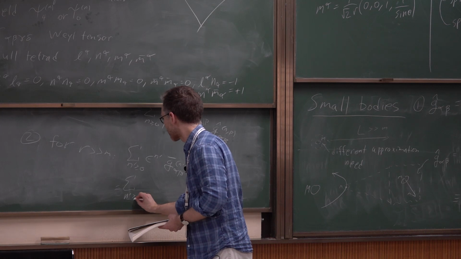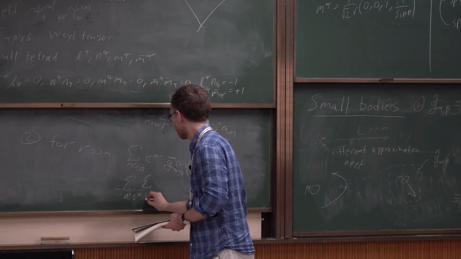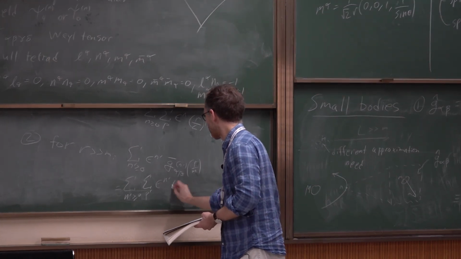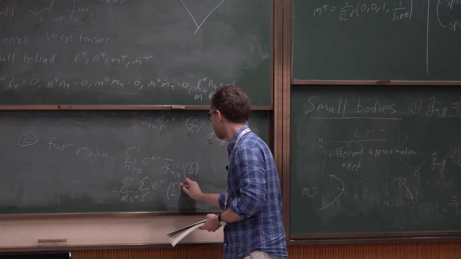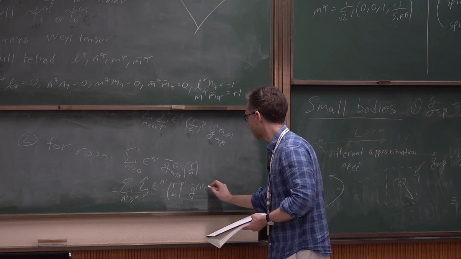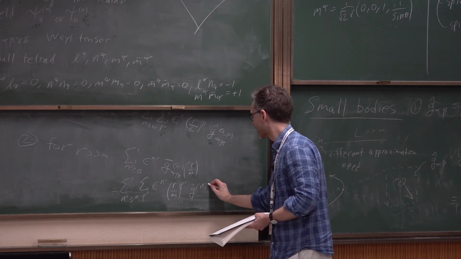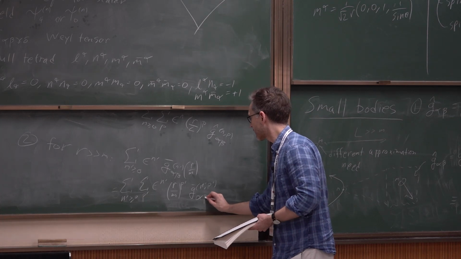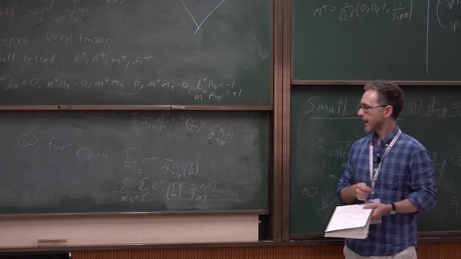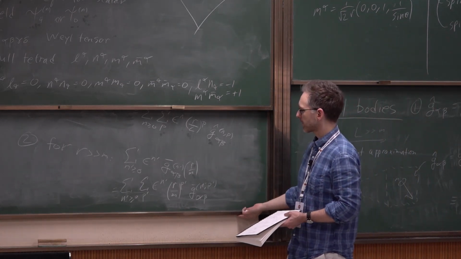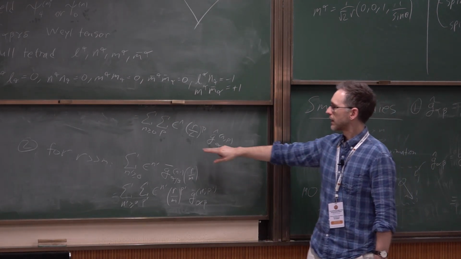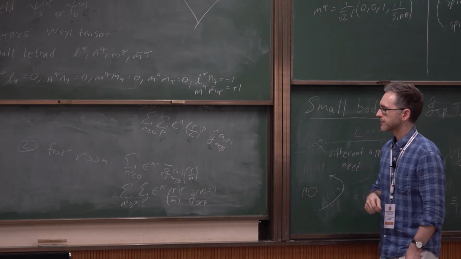So we have n prime greater than or equal to 0, and we now are going to have a sum over p prime, where we have epsilon to the n prime, r over little m to the p prime, times some coefficients, g bar n prime p prime alpha beta, where again these coefficients just depend on local time along the body's path and angles around the body. So now you can see I've got two double expansions in epsilon and in r.